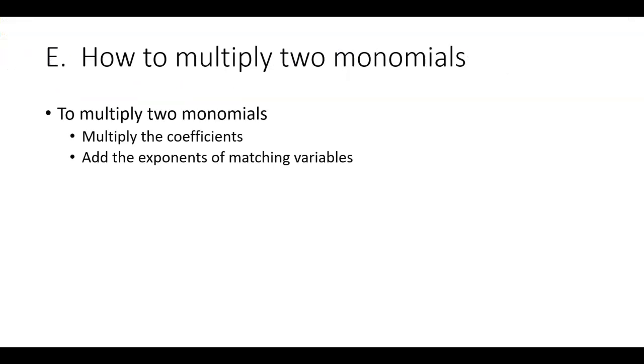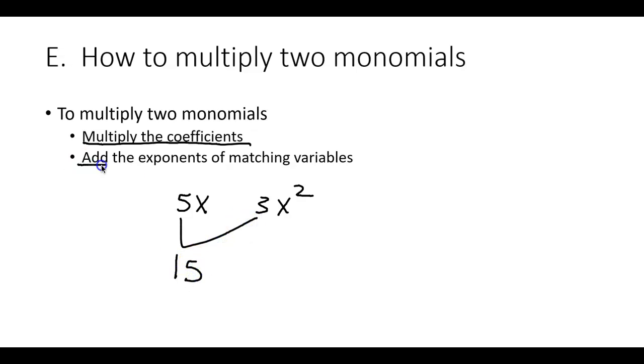So we're going to move on to multiplication now. With multiplication, let's say I have 5x and 3x squared. They do not have to be like terms to be multiplied, okay? So what you do when you're multiplying monomials is you multiply the coefficients together like you normally would, like 5 times 3 is 15.